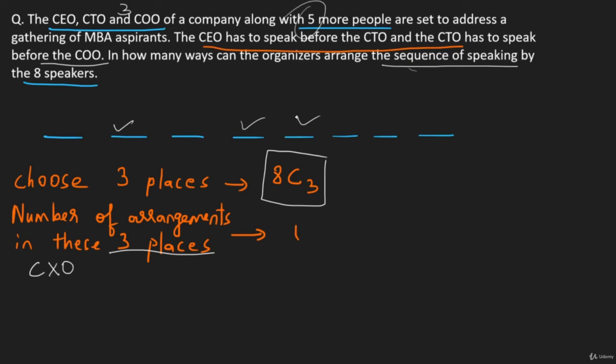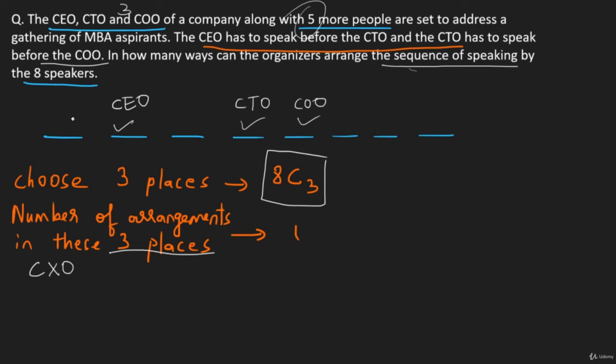Say for example, these are the 3 positions that we have chosen. Now, over here you have to keep the CEO, over here you have to keep the CTO and over here you have to keep the COO, right? Because it's mentioned that the CEO has to speak before the CTO and the CTO has to speak before the COO. Therefore, after choosing 3 places, among these 3 places, there is only one arrangement which satisfies the given criteria.